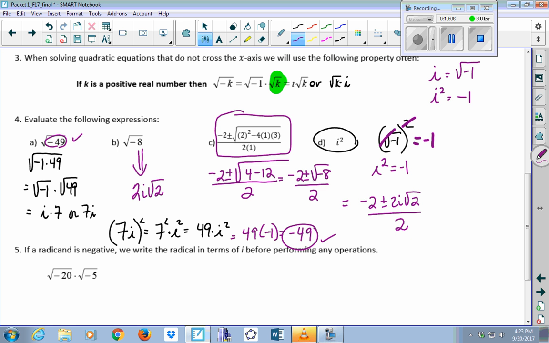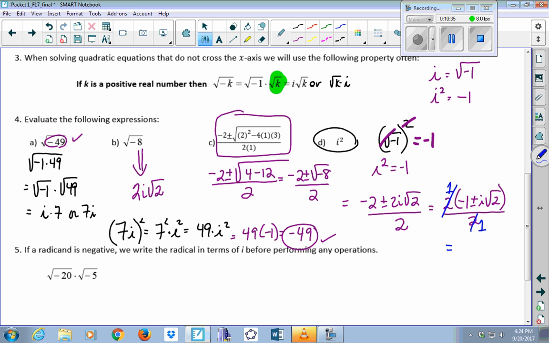You can either factor out a common factor all the way around. For example, if you pulled a 2 out of the numerator, you would have negative 1 plus or minus i times the square root of 2, all over 2. And now you have a form of 1 that would reduce this if you divided this out.